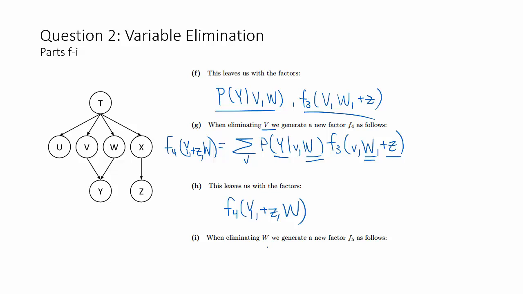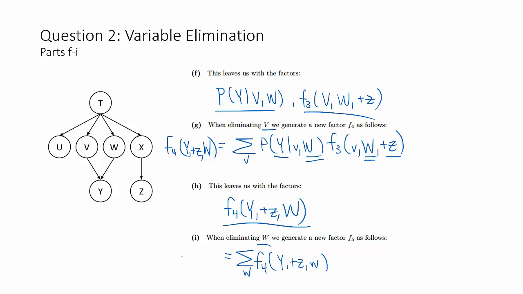There's one more hidden variable to join and eliminate on, and that's w. So we look at which factors involve w. In this case, we only have one factor that involves w. Joining on this factor gives us the factor itself. We will eliminate w by summing over all instantiations little w of f4 of y, plus z, and little w.